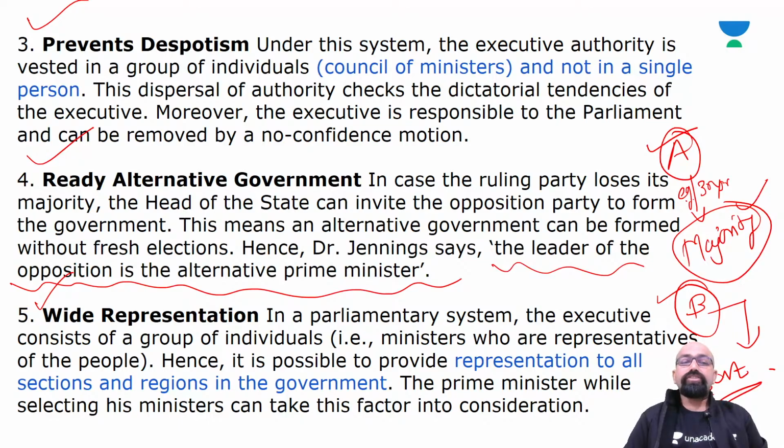So the prime minister, while selecting his ministers, can take this factor into consideration about the sections and regions of the country. Right? So we can say, in short, wide representation is a merit of the parliamentary system of government. Yes, guys.